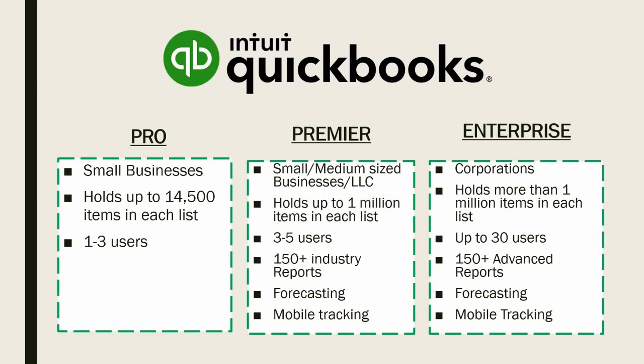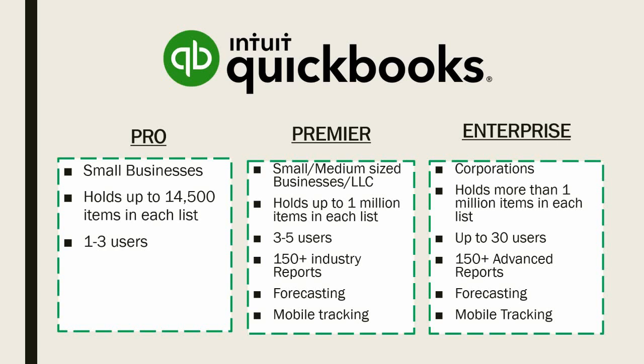What does that mean? So every time you enter in a person or, let's say, a product that you sell, that's considered one item. So in this case, if you want to have 14,000 customers, that's your maximum that you're able to have on a Pro account, okay?